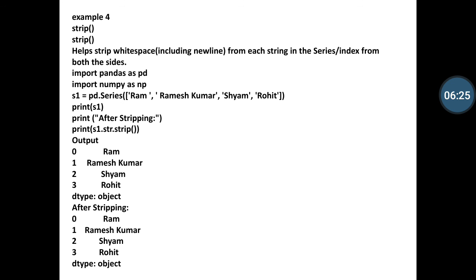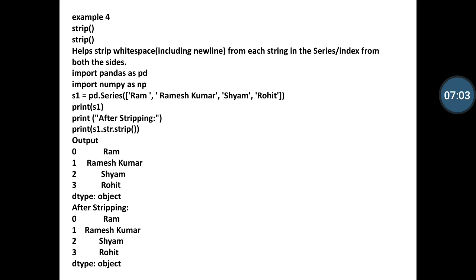Then in example 5, I use the strip method. Basically, the strip method is used to strip the white space, including new lines, from each string in a series or an index from both sides of a string value. So first of all we import both libraries, and then, as before, I define s1 as a series using pd.Series and put in the values.